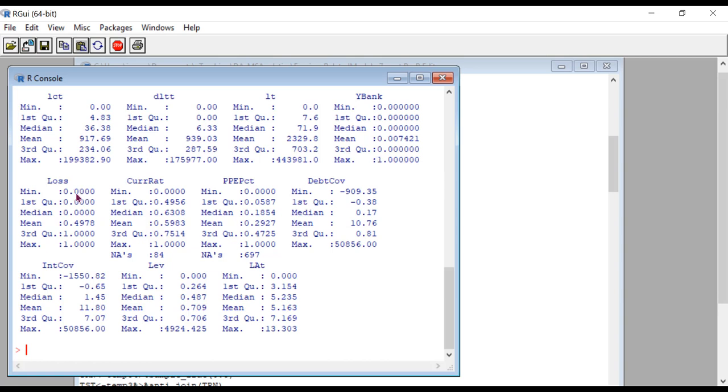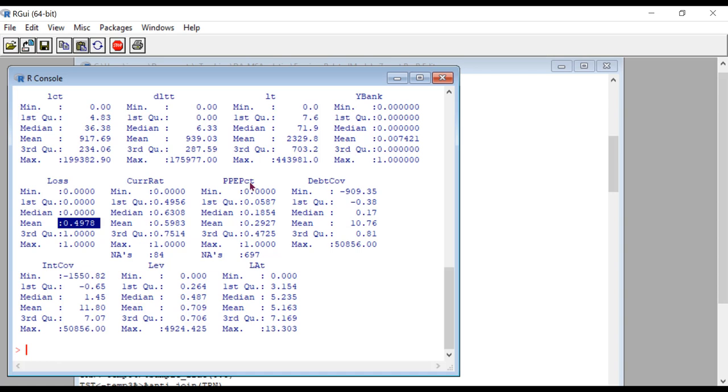The same thing happens with losses, 0 and 1. Here we have 50% of our observations have losses. That means we have a data frame that includes a lot of unusual companies because loss companies don't last for a long time. So these are not large typical companies. Current ratio goes from 0 to 1. That's good.